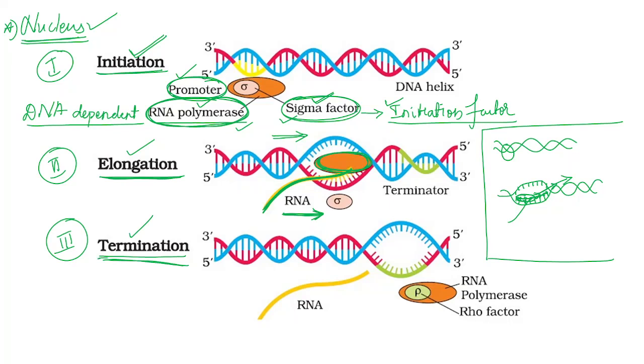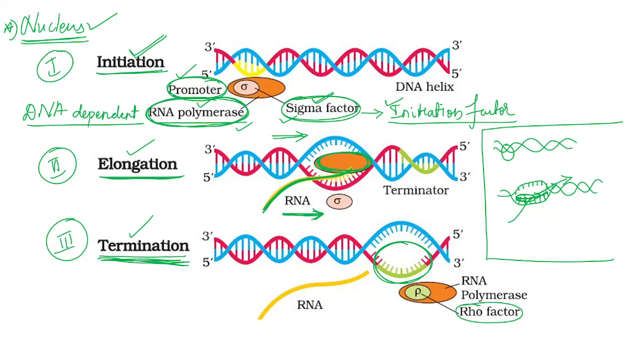In the termination, which is the third step, what exactly happens? Do remember, termination is the last step of transcription, in which the RNA polymerase enzyme will reach a particular region on the template strand where the rho factor or termination factor is there.